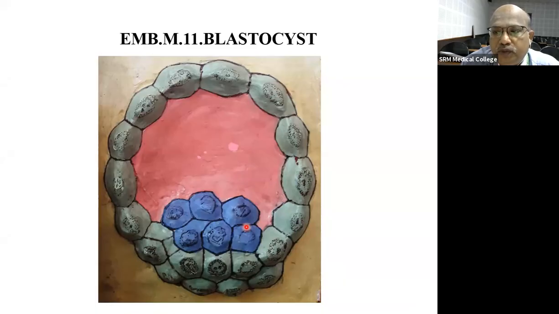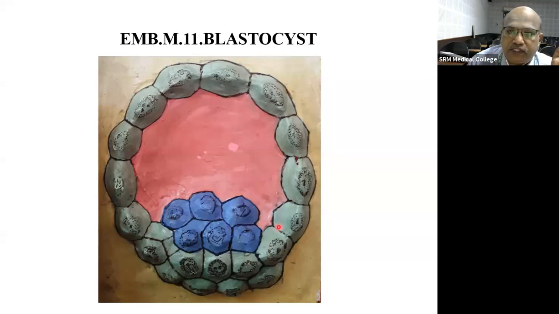While passing through the fallopian tube itself, we have the formation of the zygote. Then it divides to form blastomeres. Roughly the 16 to 32 cell stage is called morula. By that time it will pass through the fallopian tube only. Now the secretions by the cells of the fallopian tube enter into the morula.